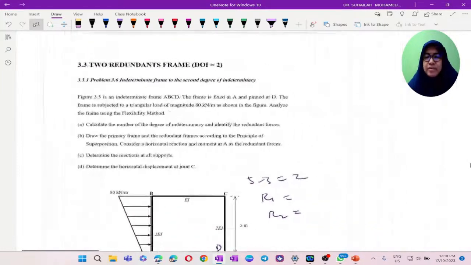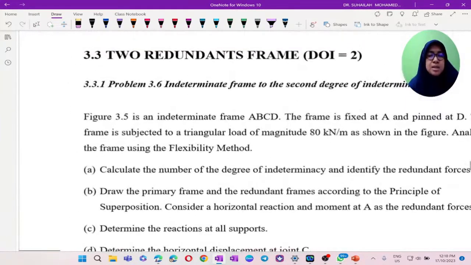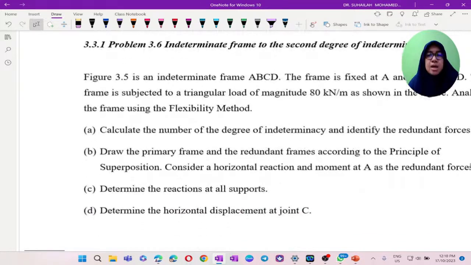For those who have the module, the ebook right now, please refer to this subsection under 3.3, 3.3.1, problem 3.6.